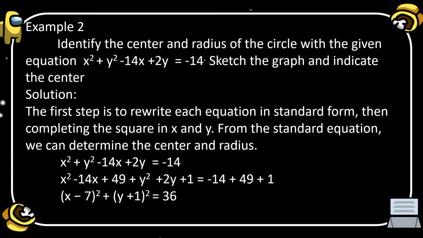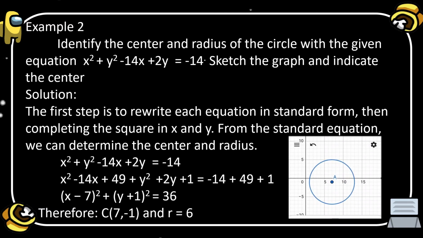Remember that the last term, the constant, is r squared, the radius squared. So to find r, you extract the square root of 36. The value of r is 6. Therefore, the center is positive 7 and negative 1 and the radius is equal to 6.